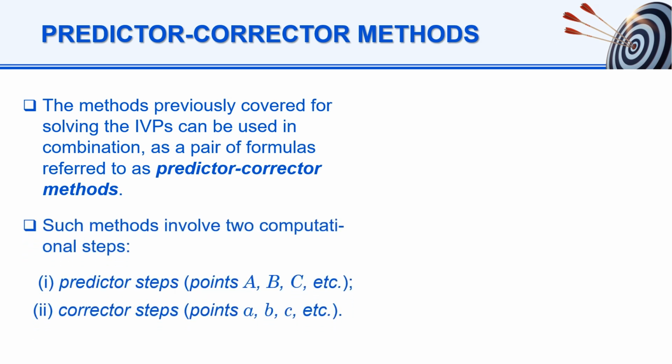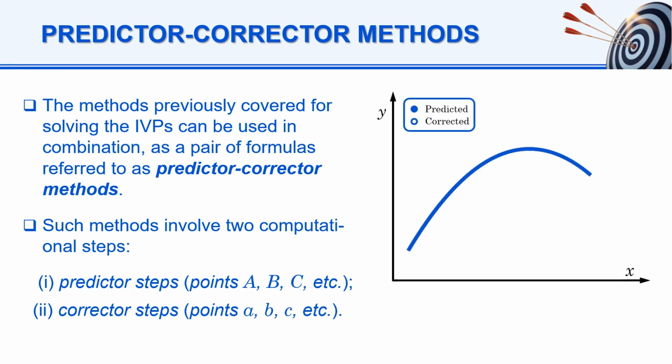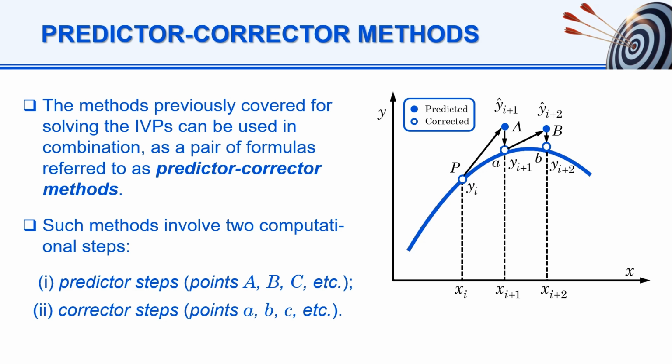Such methods involve two computational steps. Predictor steps, shown in the figure, estimate the values at the uppercase A, B, C, etc. points. The corrector steps estimate the refined values at the lowercase a, b, c, etc. points.